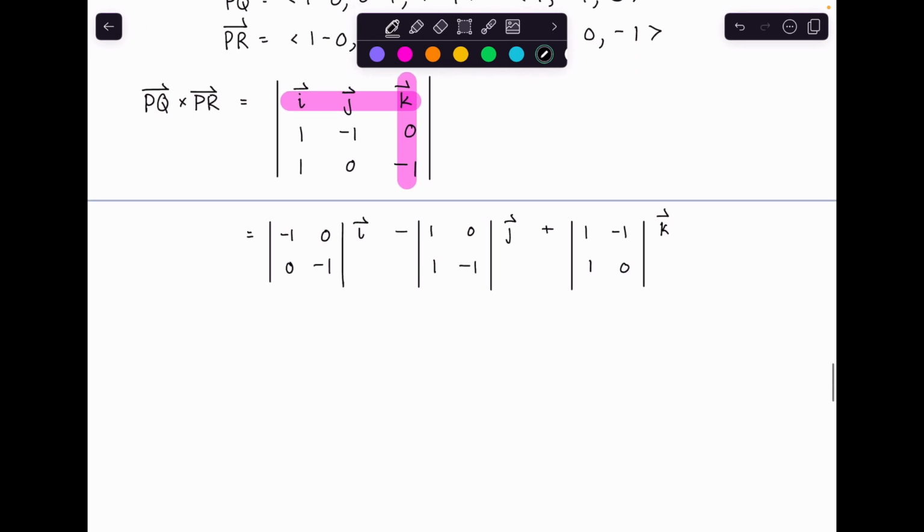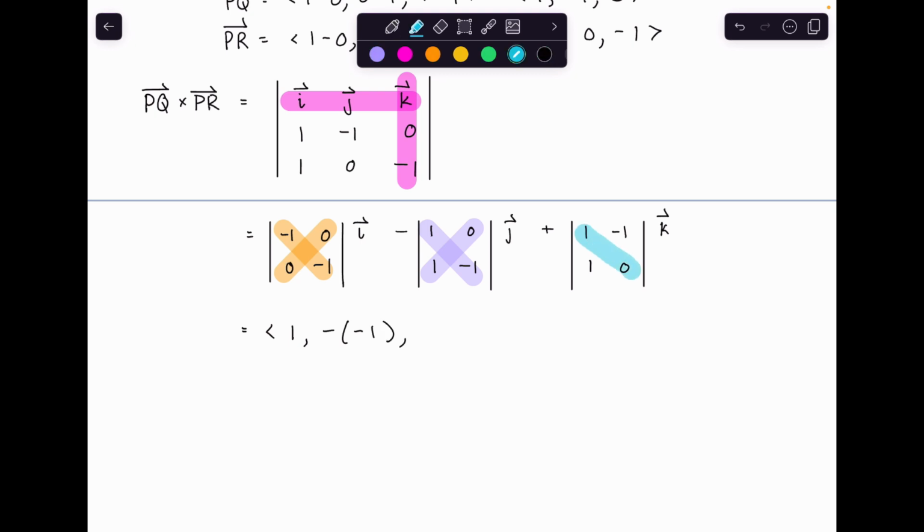Okay. At this point, I don't need to keep writing i, j, and k. For our first component, we multiply, that's positive 1, subtract 0, so the first one is 1. The second component is negative, and we multiply, that's negative 1, subtract 0, so it's really negative, negative 1 in that middle component.